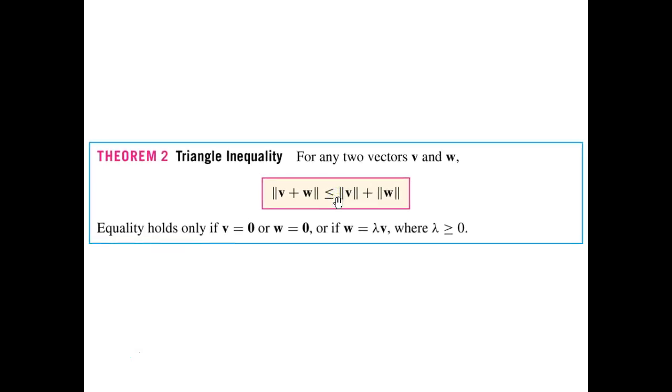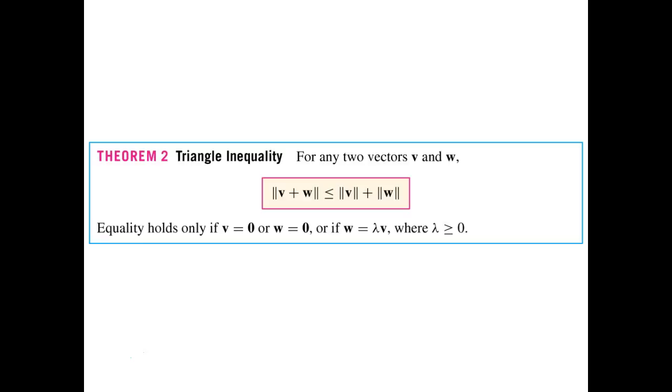Okay, any two vectors, V and W. The magnitude of the sum of those two vectors is always less than, or occasionally equal to, never greater than, the sum of the magnitudes.